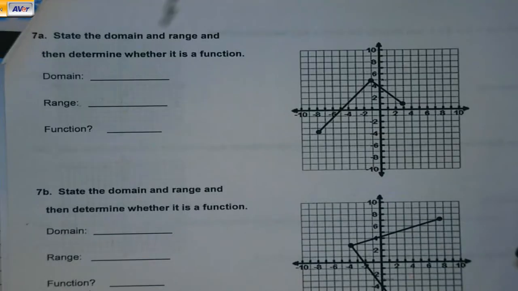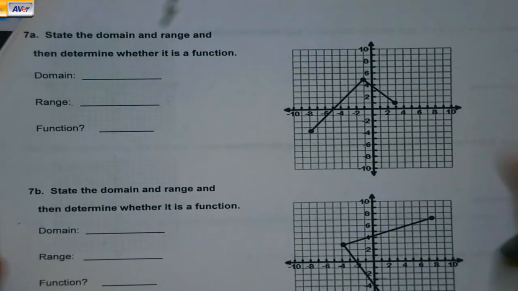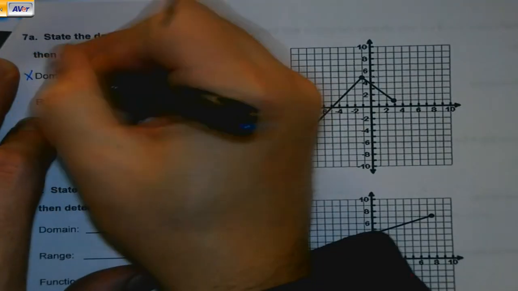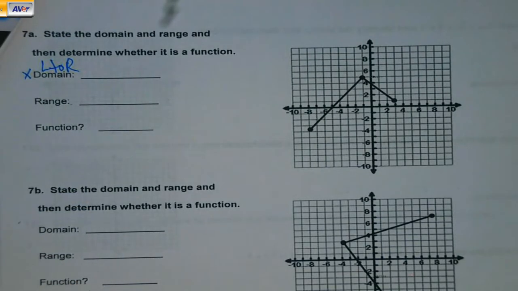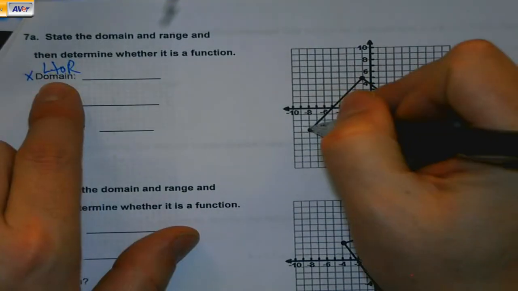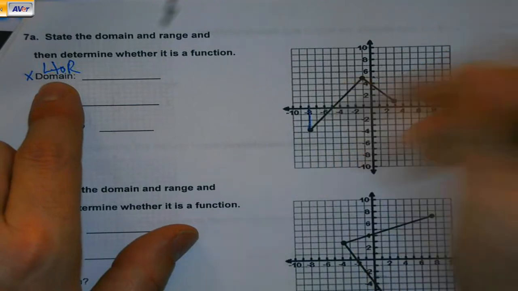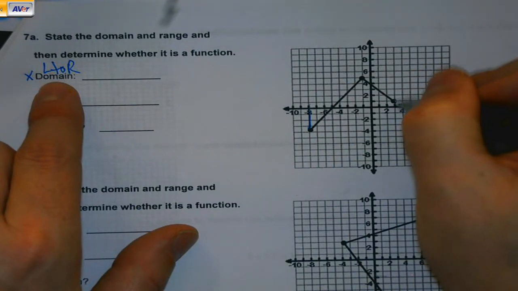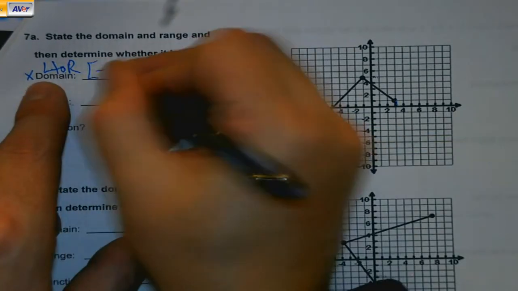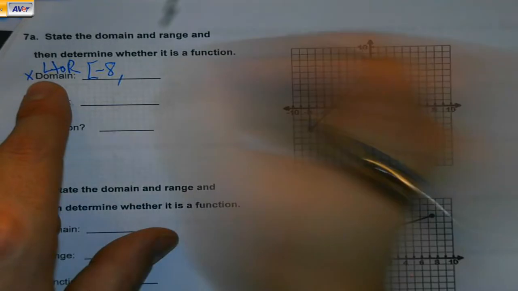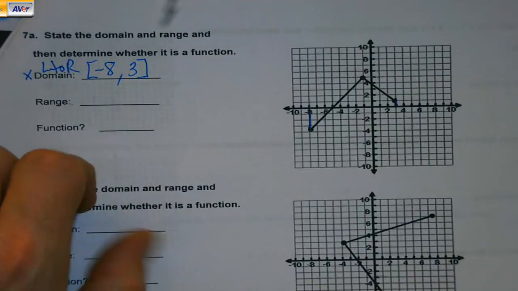So as we flip, okay, state the domain and range, tell whether it's a function. Okay, domain. X values, left to right. Be watching. Is it arrows or is it dots? If it's arrows, we get infinity. If it's dots, we're just looking, okay, I'm thinking about it furthest left and furthest right for X's point of view. So from -8 to +3.